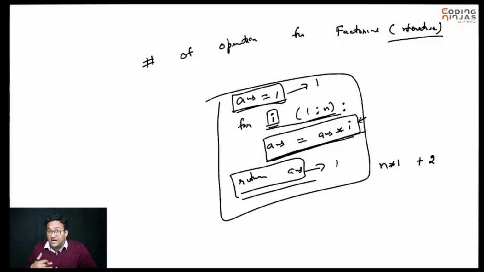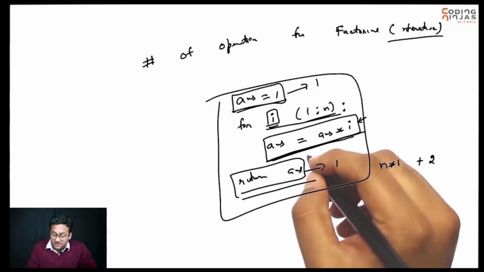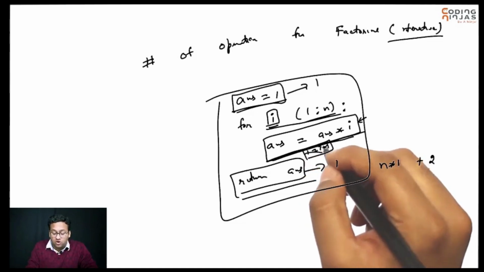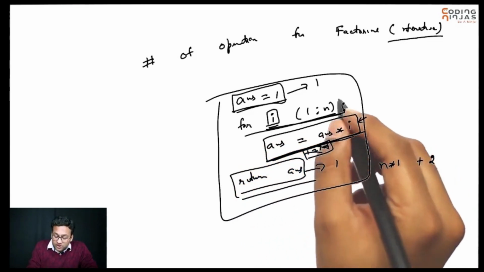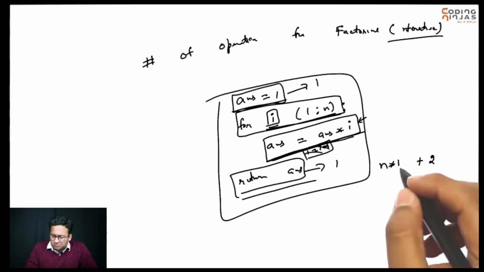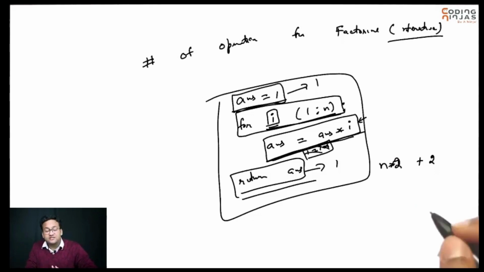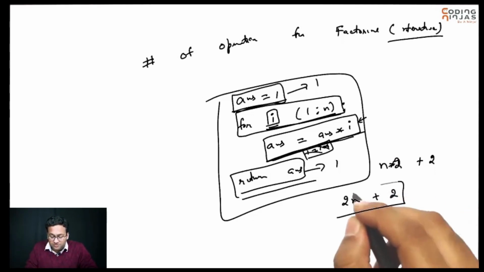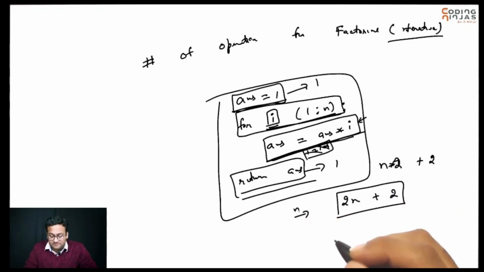So whether you are writing that increment here by writing I is equals to I plus 1 in some of the languages, or whether you are just using something which auto increments I, doesn't matter, the work is getting done, right? So you need to account for that as well. So I could say it's 2n plus 2. So this is the number of operations my algorithm requires for input size n.